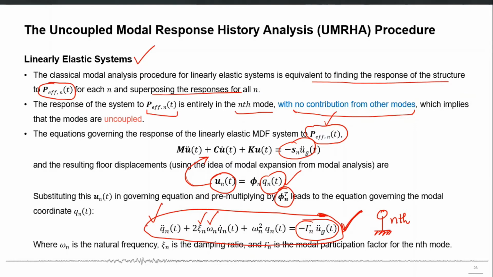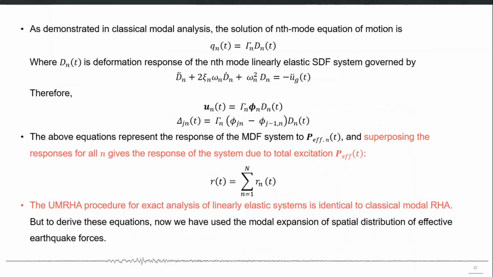So this equation can be solved for that single degree of freedom system, can be solved to calculate q of t, actually q sub n of t, and then that q_n of t can again be converted into the original coordinates, which is the u coordinates. When you convert that, you get this equation.